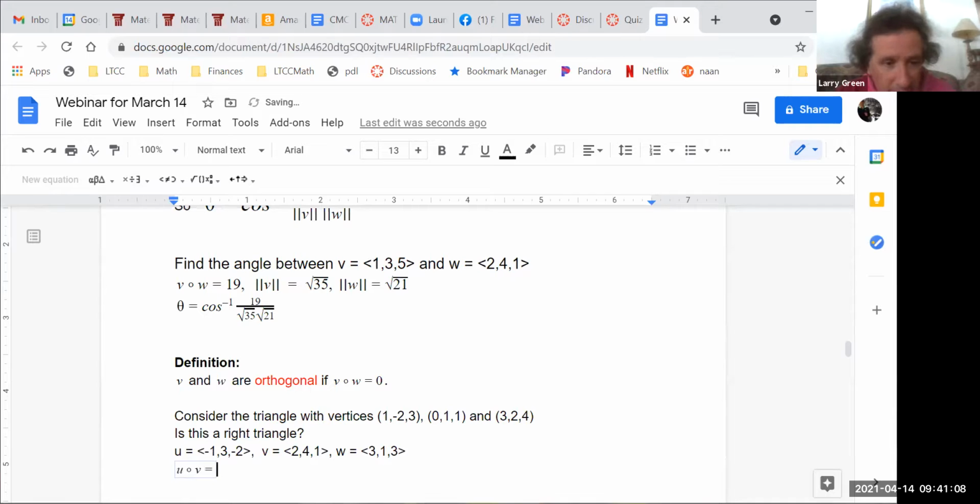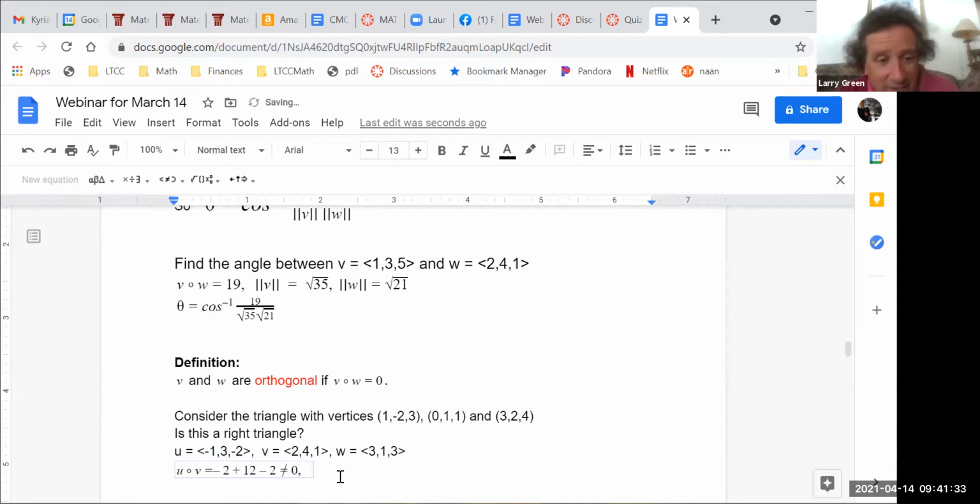Is equal to, well, we have -2 plus 12 minus 2. What's the important thing about that number? Yeah, in particular, the important thing is it's not 0. It's definitely not equal to 0. Okay.